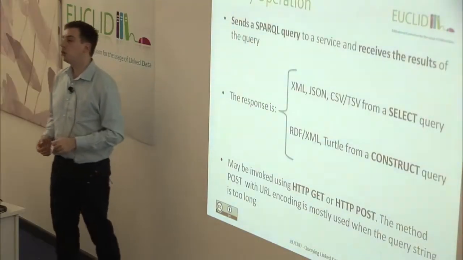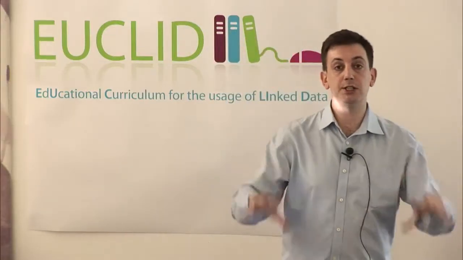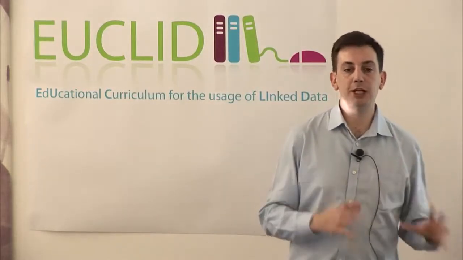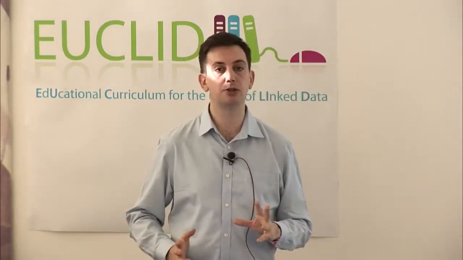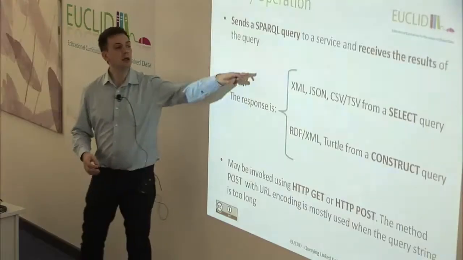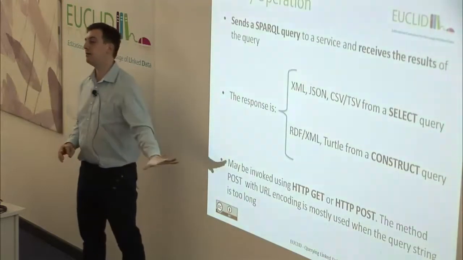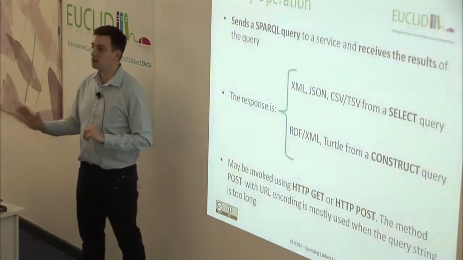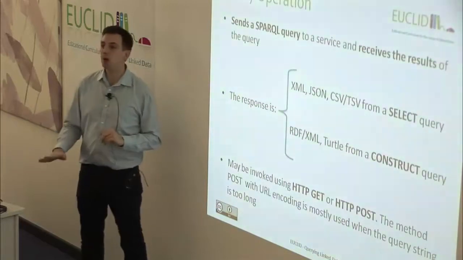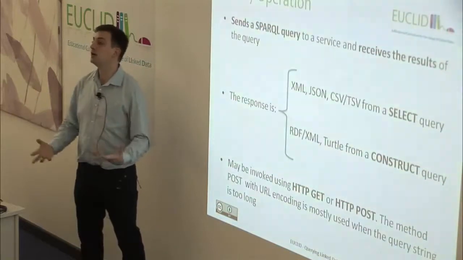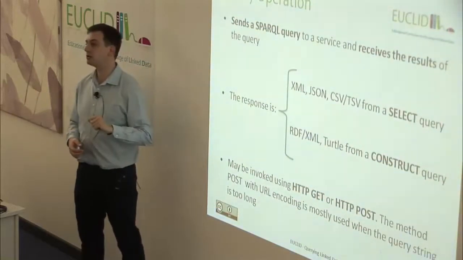So when we execute a select query at the top, we can ask for the results, which is this table full of results, in the form of XML, in the form of JSON, or now in the form of comma-separated or tab-separated values. Okay? So the select can be quite amenable to whatever kind of environment you're operating in, whether it's heavyweight with XML parsing, whether it's browser-based with JSON parsing, or possibly for interaction with non-RDF systems, or just for viewing as a human with comma-separated or tab-separated values.